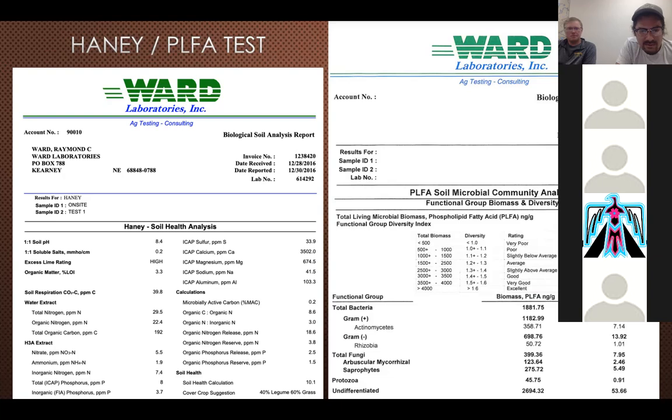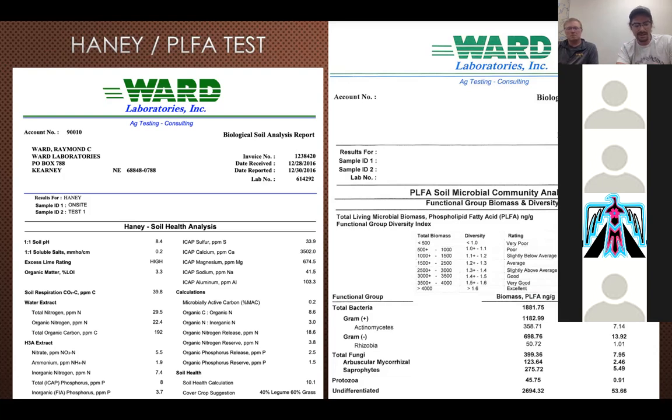That is fairly low on this particular test, and that's in direct relationship to the total nitrogen and the total organic carbon. So a lot of the results show this relationship. If you're low in one area, you're going to be low in another area, and you have an idea of whether your soil's generally healthy.